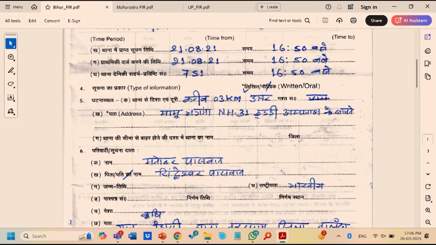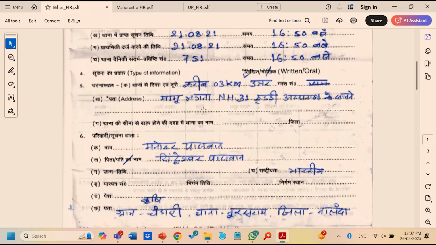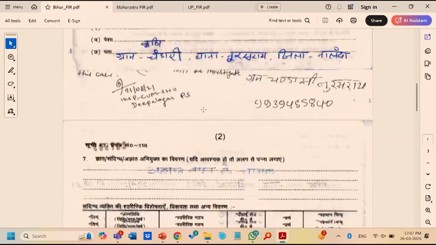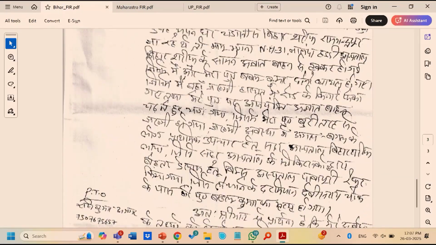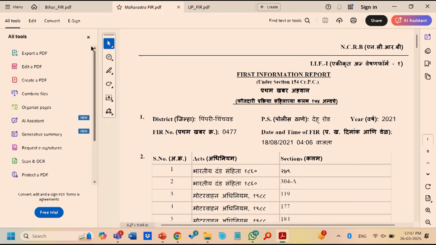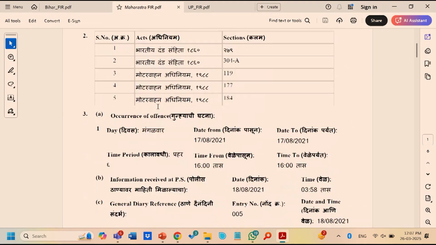Then in place of location, you will have so many kilometers away from the Thana. So that kind of specific incident location information may not be there. Then you may have this kind of narrative, where you need to read it and figure out some meaningful information, which becomes very difficult. Similarly, if you see Maharashtra, it has a 6-page long FIR.